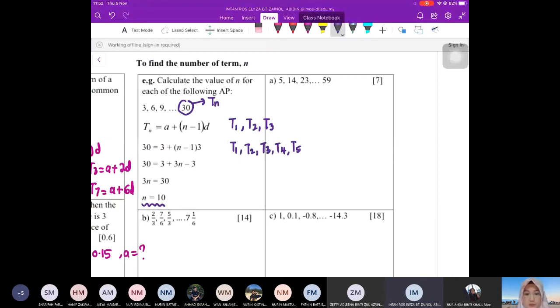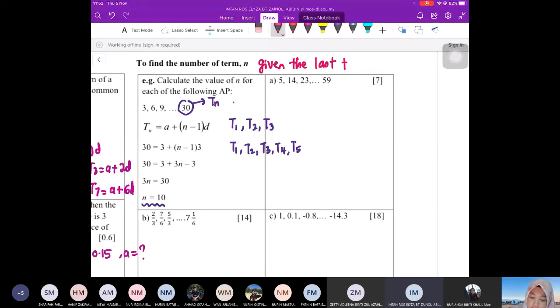Dia macam dot tu in between, tapi dia ending dengan one term. One term tu kita panggil dia as last term. Yang ni sebenarnya to find the number of term n given the last term. Ni sebenarnya case yang given the last term. Okay, yang ni lah last term kita.